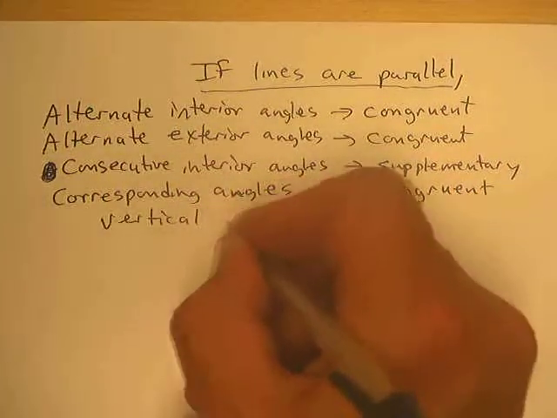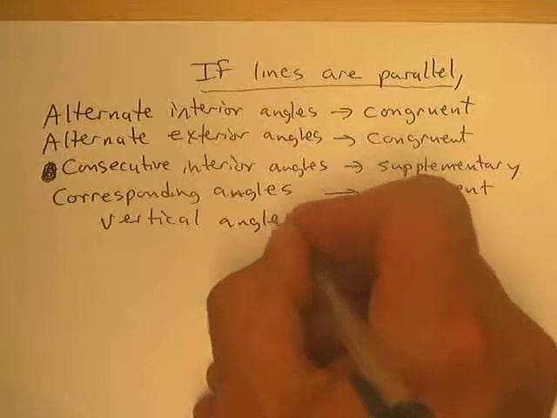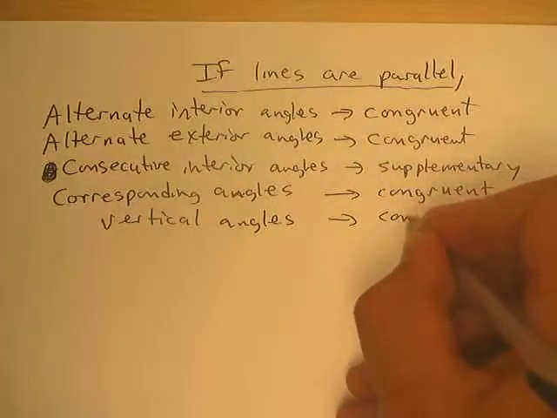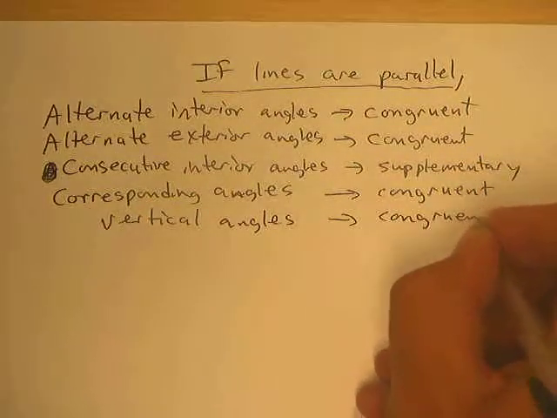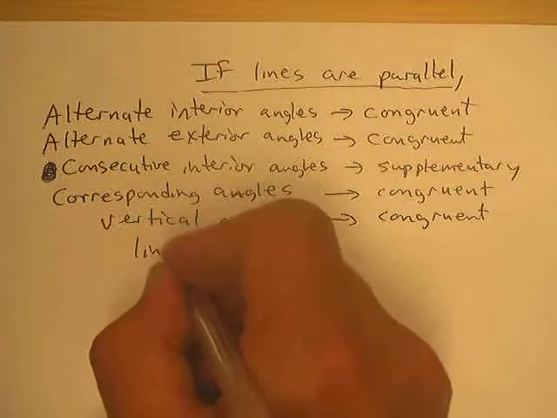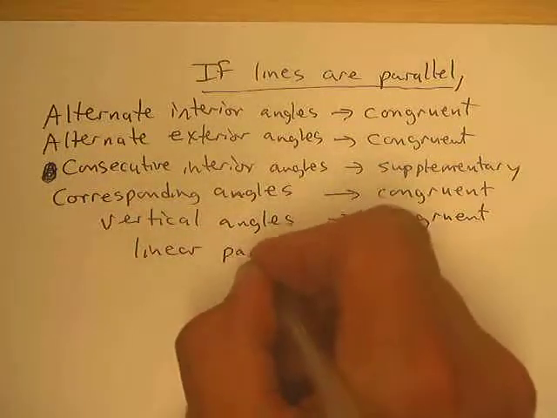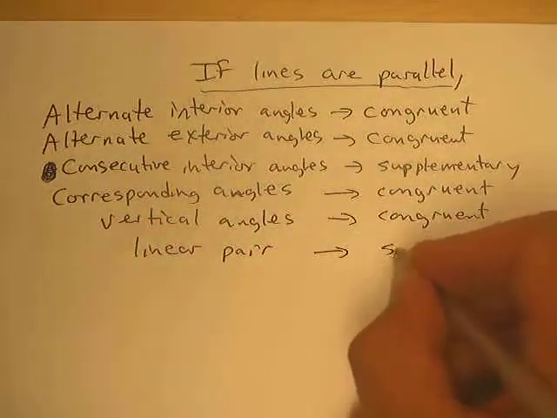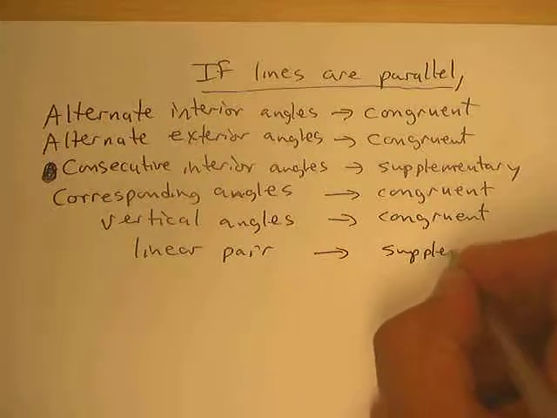Vertical angles are congruent. And a linear pair are supplementary.